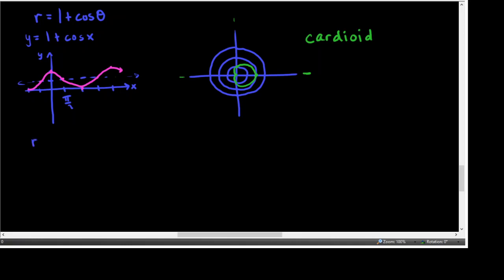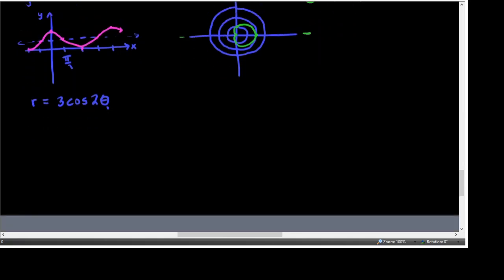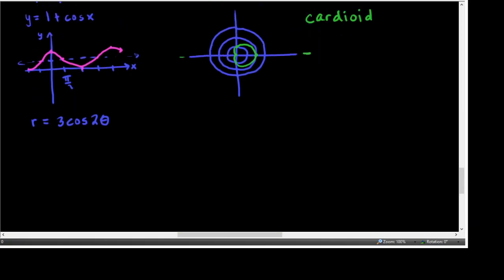R equals 3 cosine of 2 theta. So we can graph y equals 3 cosine of 2x to inform us of a whole bunch of ordered pairs that will be graphable on the polar grid once we get them done. The baseline is 0, so we're not going to move away from the x-axis vertically.